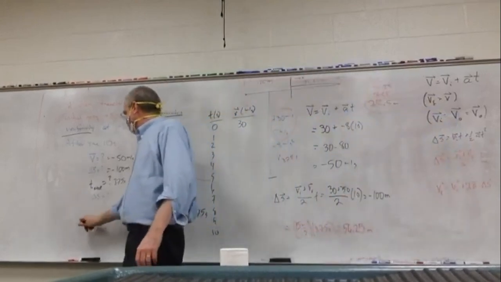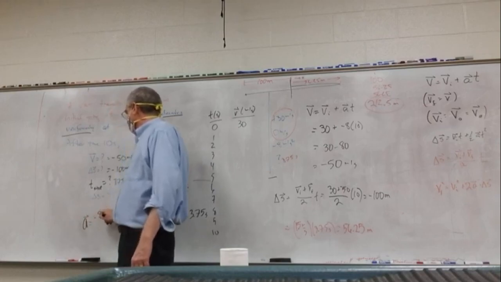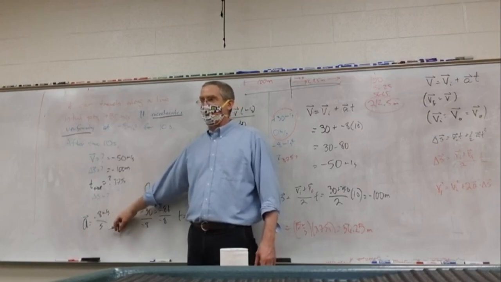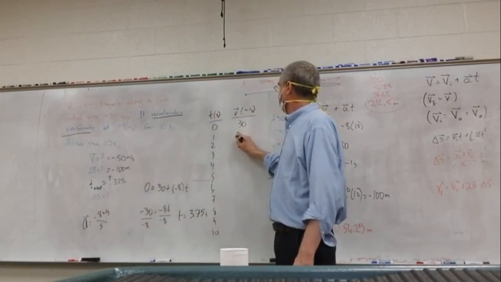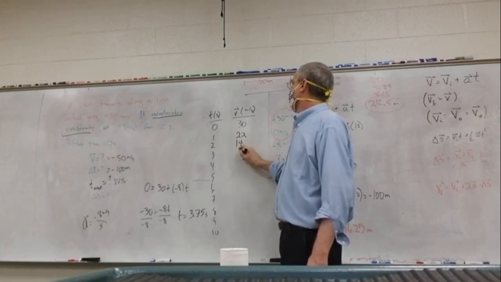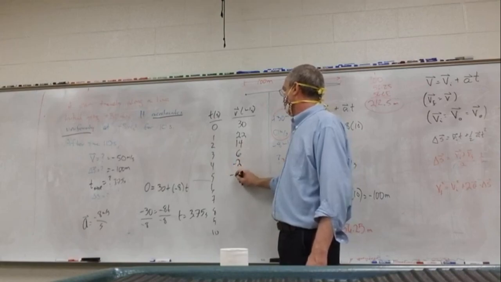That means my velocity will change negative 8 meters per second every second. So 30, then 22, 14, 6, negative 2, negative 10, and so on.